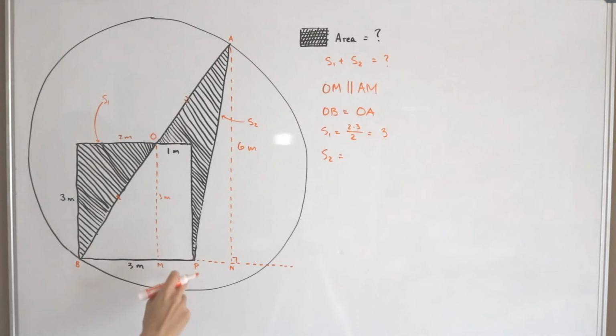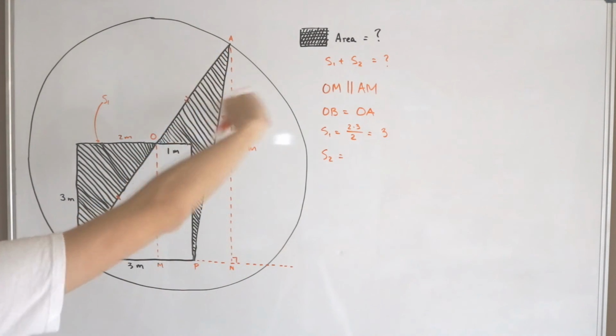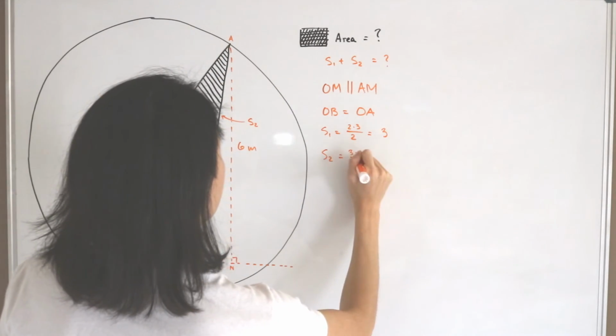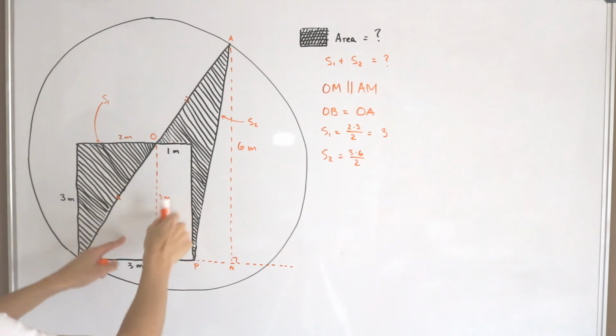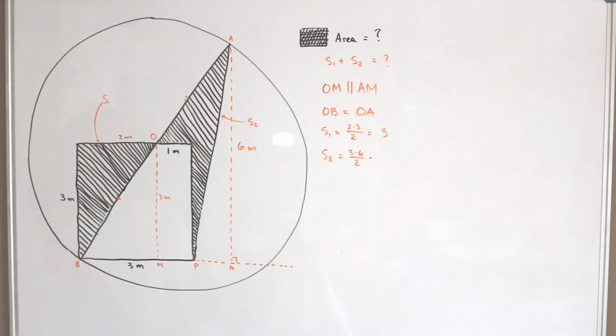The length of BP is 3, and the height NA is 6, so this is 3 times 6 divided by 2. Then I'll subtract the trapezoidal area. The trapezoid area is base 1 plus base 2, multiplied by the height, and then divided by 2.